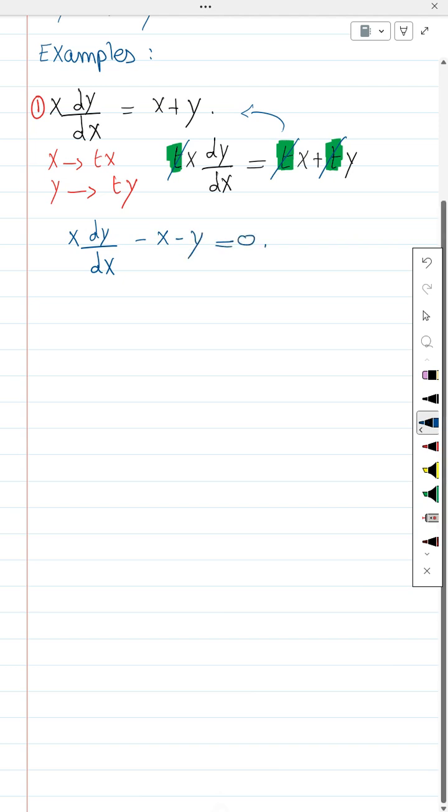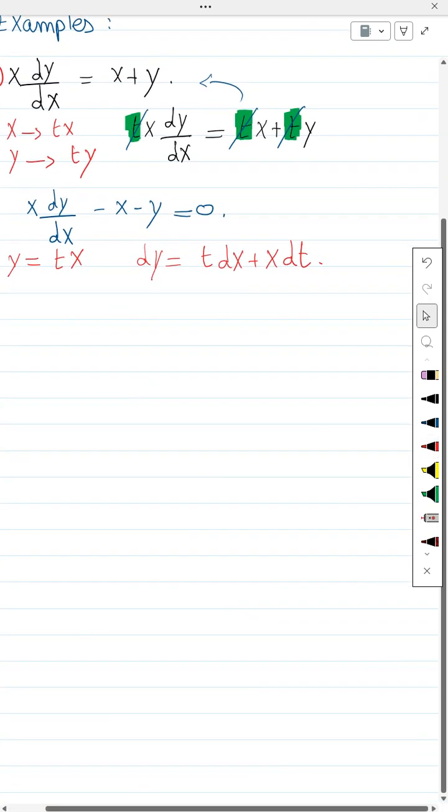We can do a change of variable: let y equal tx, where t is a variable, not a constant. So dy is the derivative of the product of the two functions: t dx plus x dt.